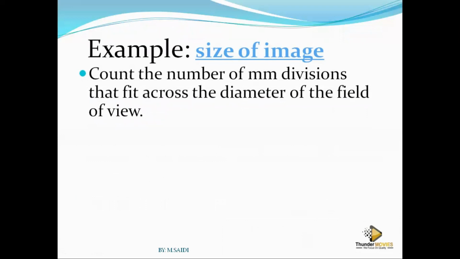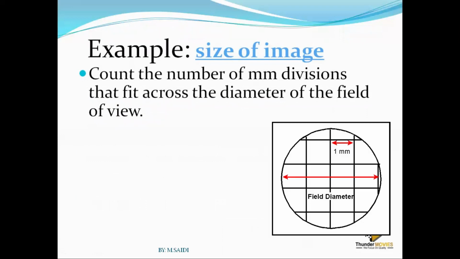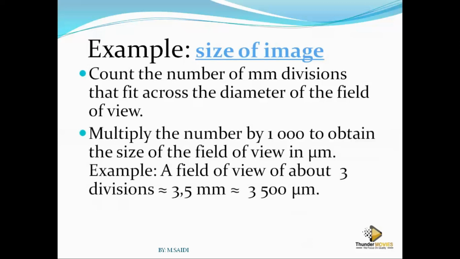The size of the image: count the number of millimeter divisions that fit across the diameter of the field of view. So it means what you see. You calculate the number of millimeter divisions, and then multiply the number by 1,000, so that we can change millimeters to micrometers.